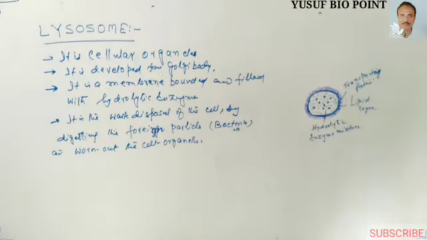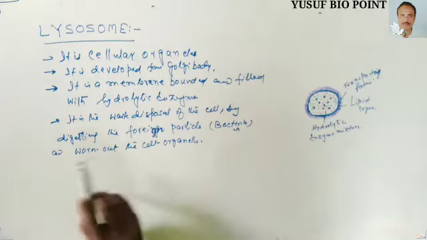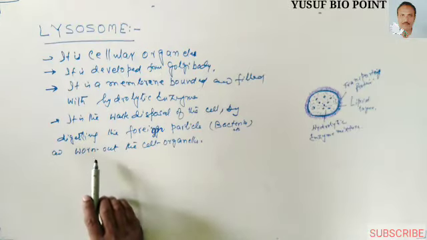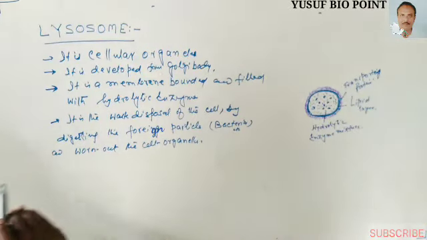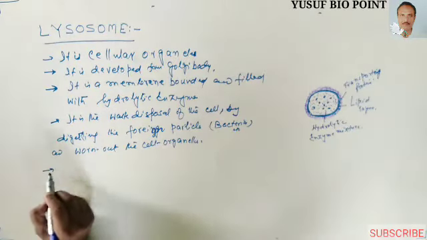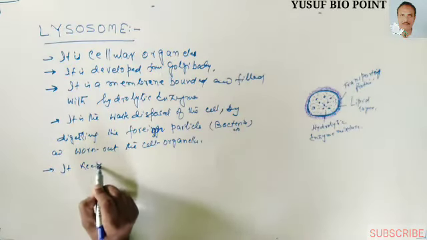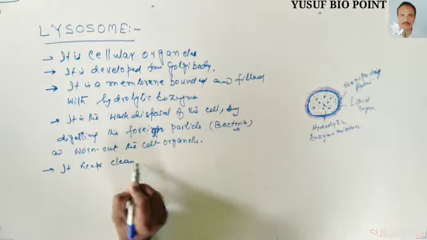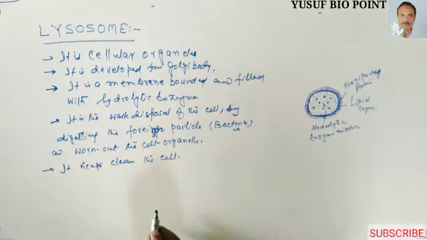It is the waste disposal of the cell by digesting the foreign materials like bacteria and other things, and also by engulfing the old organelles. It cleans the cell and keeps it clean.